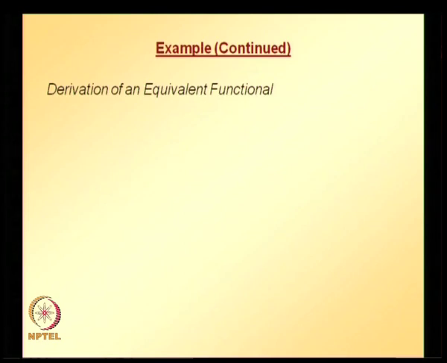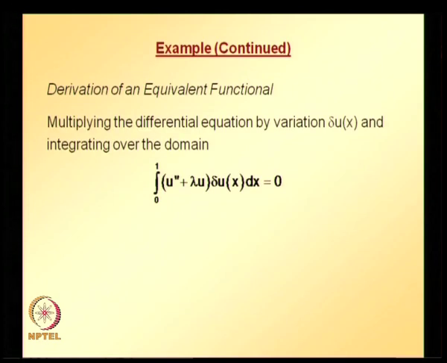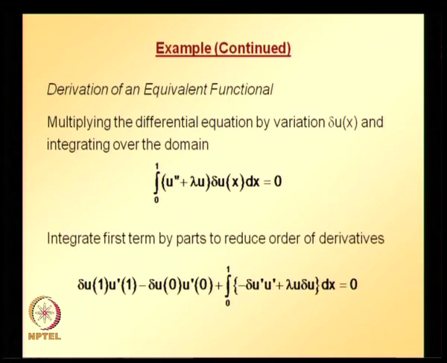So, the derivation of the equivalent functional proceeds in this manner: multiply the differential equation by the variation of the quantity that you are looking for, that is variation of u, integrate over the problem domain, and a second order derivative is appearing. The first term has a second order derivative. So, the story is the same, integration by parts you need to apply to reduce the order of the derivative.